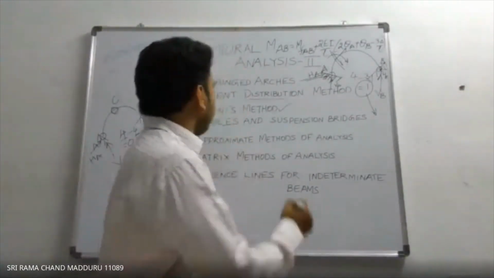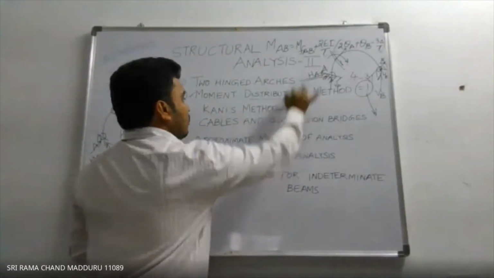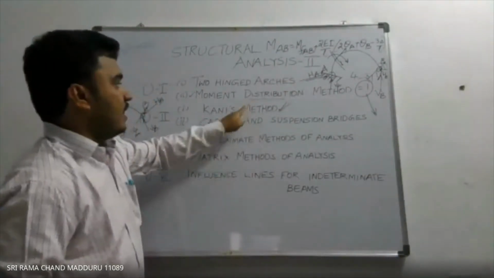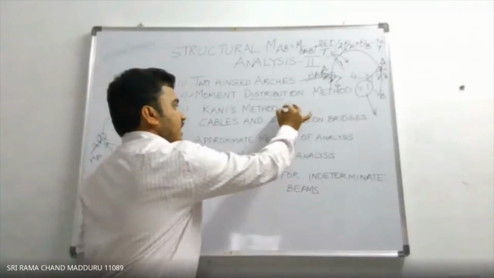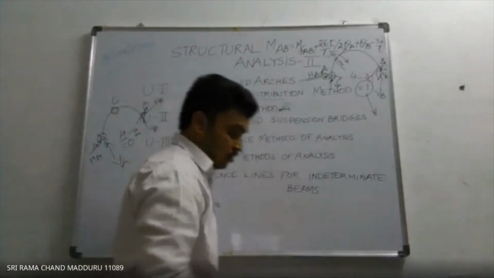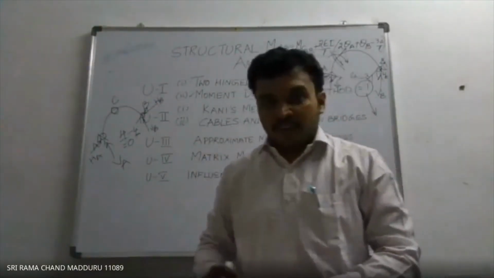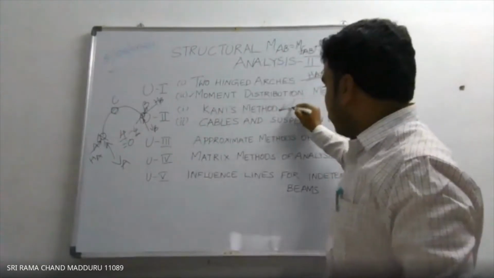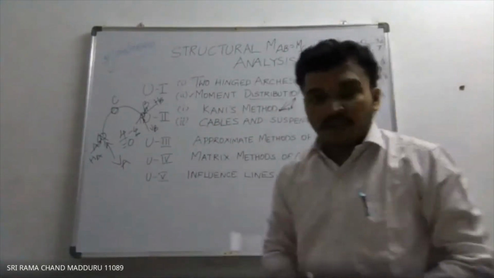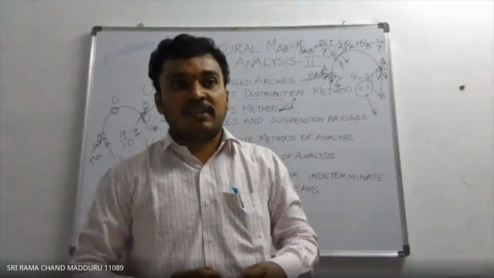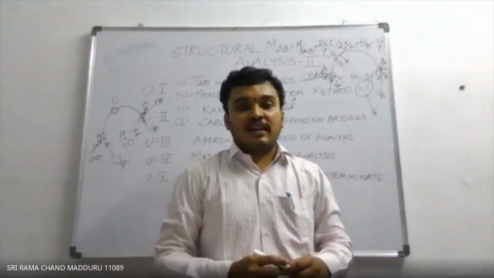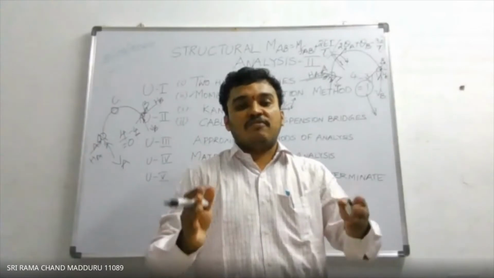So here in this third unit, second unit, there is another method, Kani's method. This Kani's method is also an iterative process. The difference between these methods is that with either the slope deflection method or the moment distribution method, we will analyze only beams and frames.